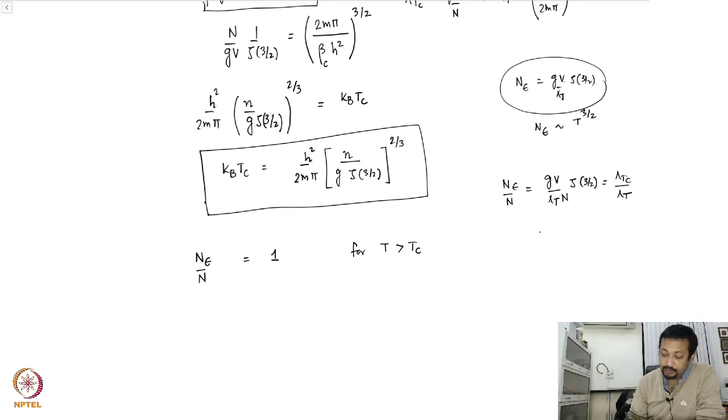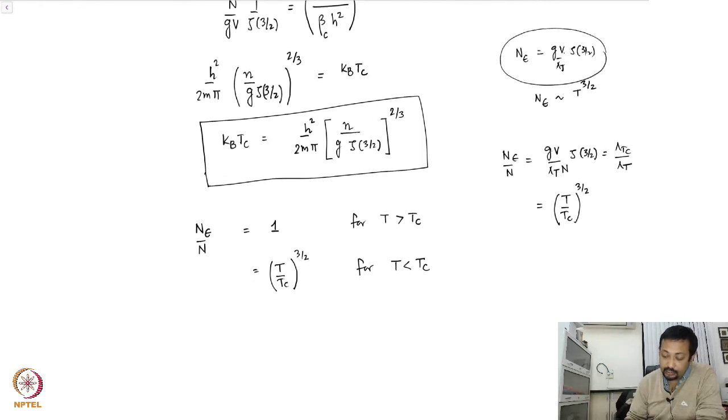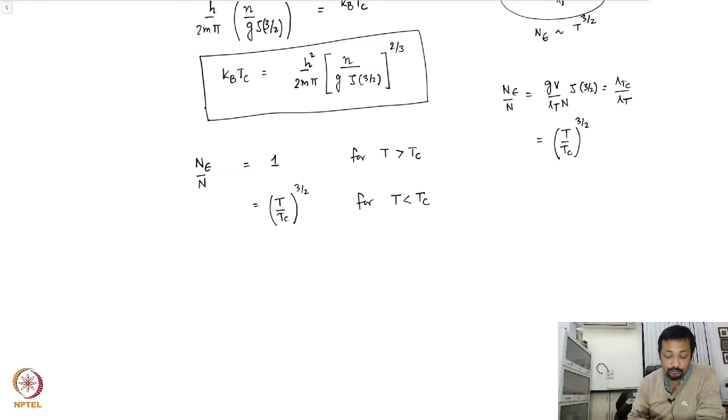So this is therefore T over Tc raised to the power 3/2 for T less than Tc. As you start hitting the critical temperature, you start to get this.